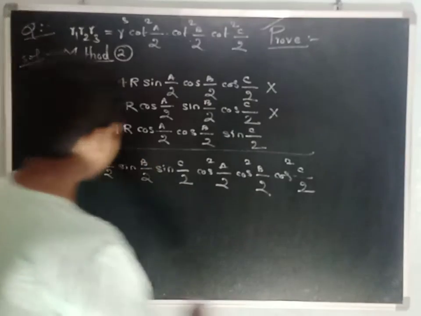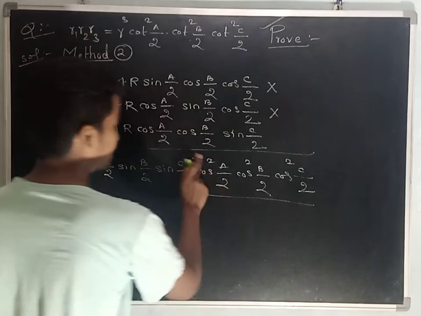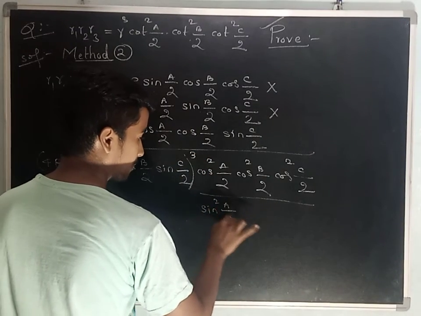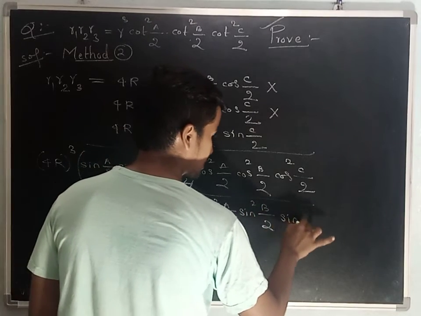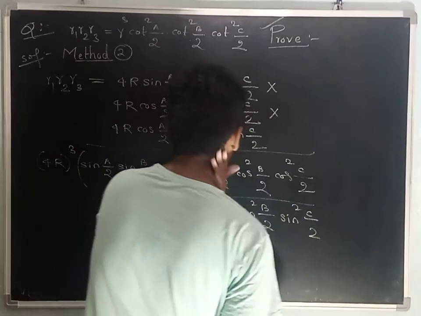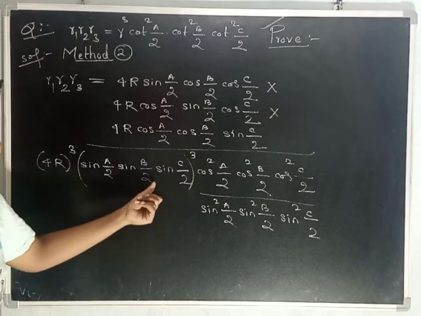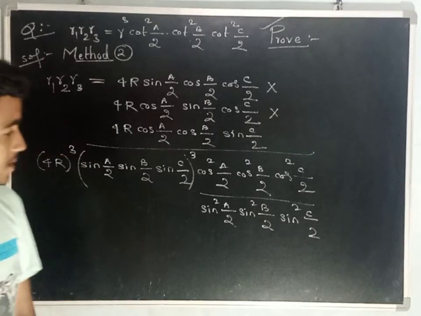Okay, now what I am going to do is, I am multiplying and dividing on both sides with sin square A by 2, sin square B by 2 into sin square C by 2. Multiply and divide with sin square A by 2, sin square B by 2, sin square C by 2.